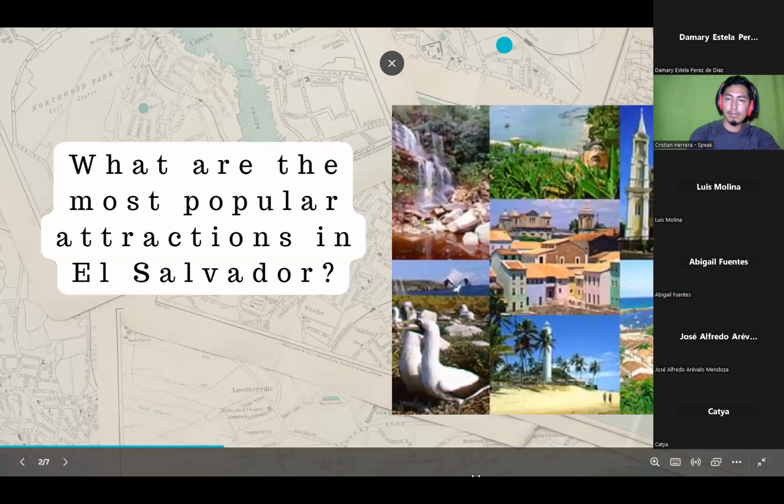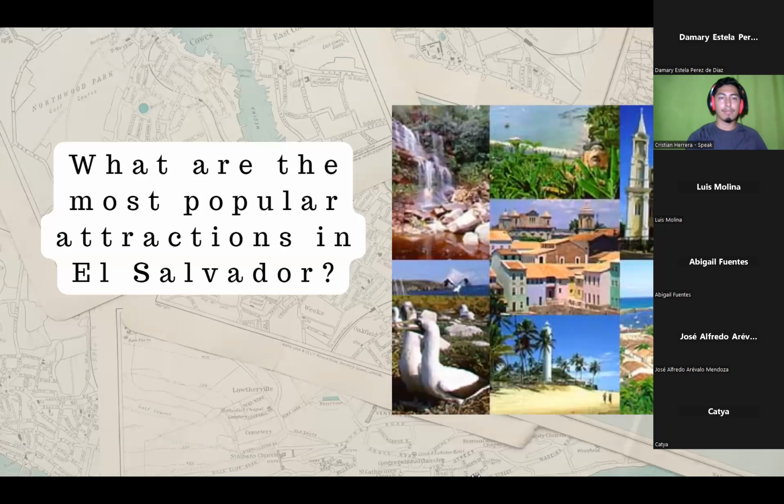You can find different kinds of hotels too, cheap and expensive. Also, in Puerto La Libertad, you can connect with Sonsonate City. It's not the new street, but you can connect with the famous hotel in Sonsonate. I don't remember the name of that hotel, but you can connect with it, and also the Costa del Sol. And you can visit the International Airport Monsignor Romero too.